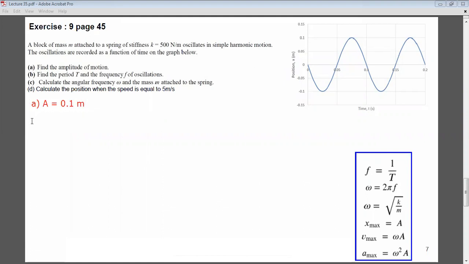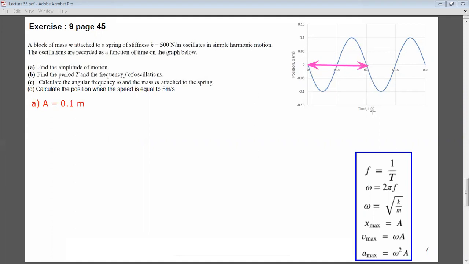Find the period and the frequency of oscillation. For the period, I choose any two values to start with. The easiest I can see is from here to here, because this is one full cycle. It goes from equilibrium to the minimum, to the equilibrium, to the maximum, back to the equilibrium. Then it repeats itself. So this is one complete cycle.